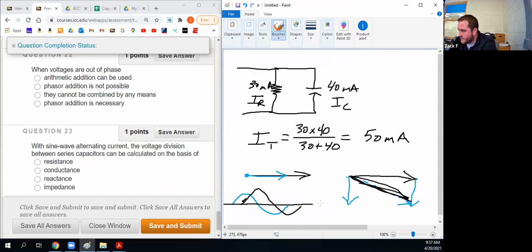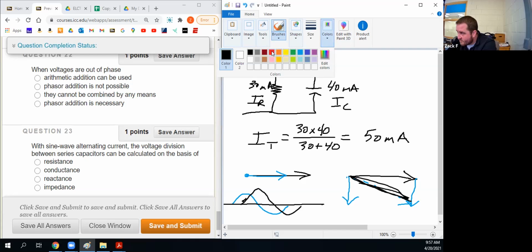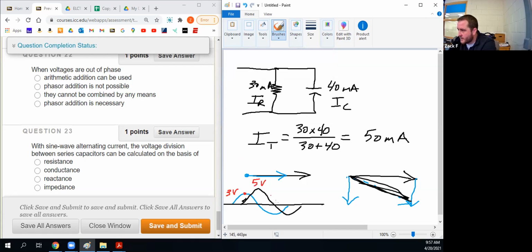Another way to look at this is, if this total, let's say, is 3 volts, and this total is 5 volts, and we wanted to find the total of both of them, could we just say, hey, it's 8 volts?